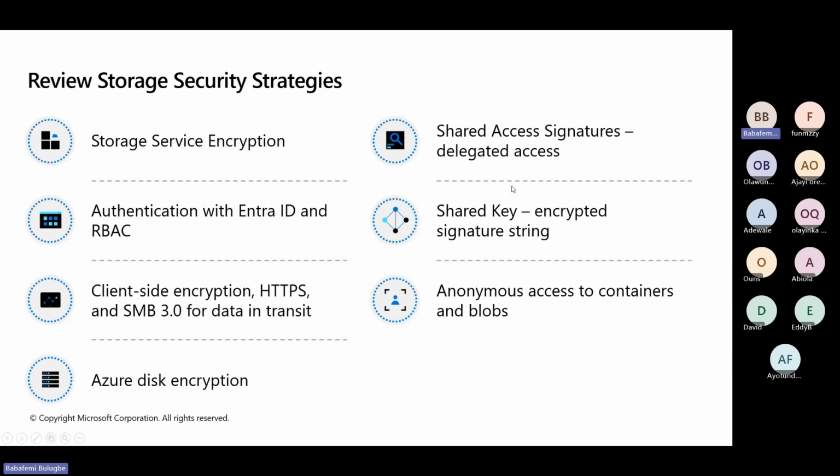If you want to give access on this shared signature, you can create what we call the shared key. Even when you have access to the link and you don't have access to the shared key, you will still not be able to access that particular file. Then the last one is the one we just demonstrated, where you want to check the access to your container or the access to the blob itself.